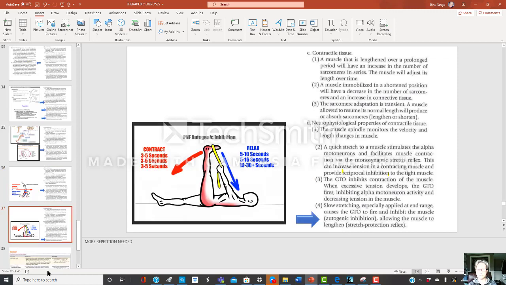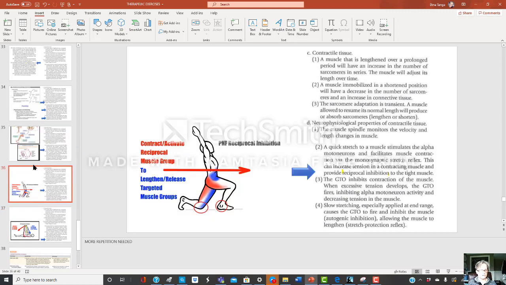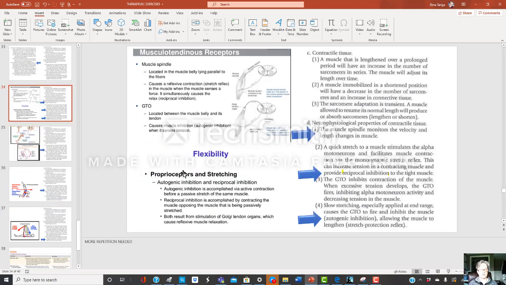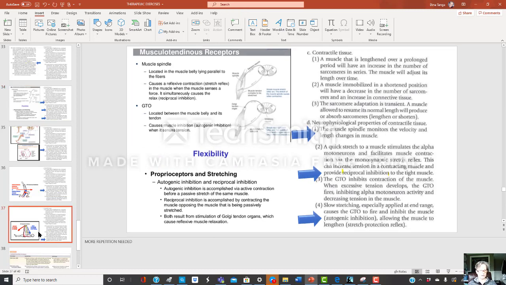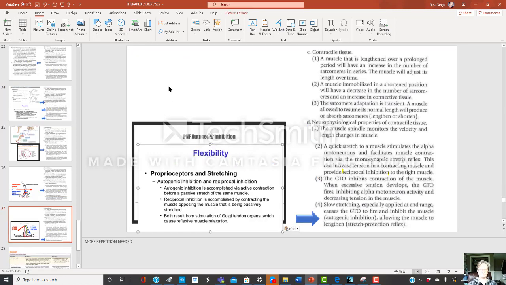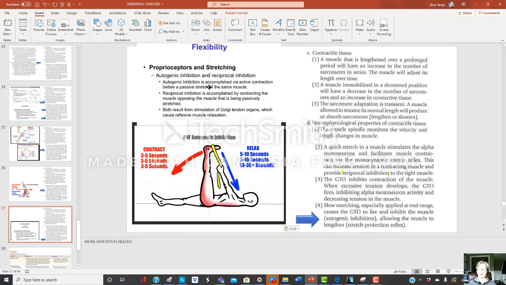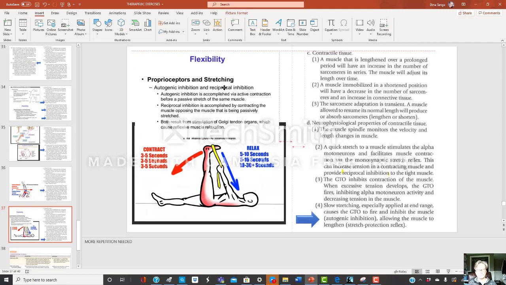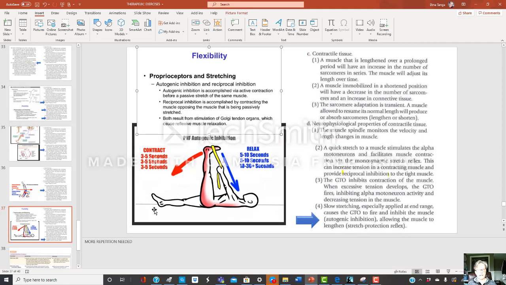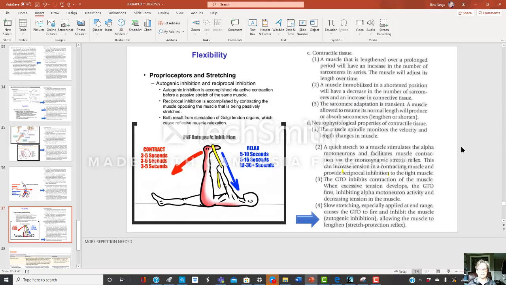And then autogenic inhibition. Let's go ahead and copy this and bring it. Okay, so autogenic inhibition: active contraction before passive stretch of the same muscle.